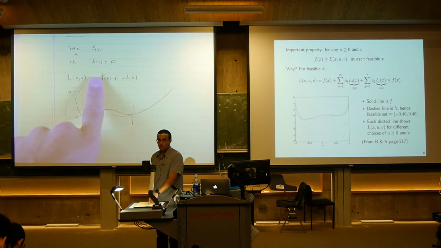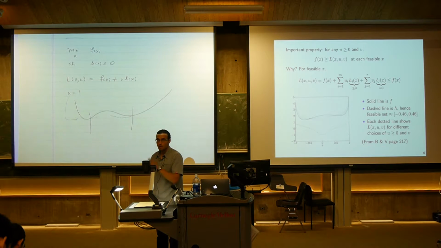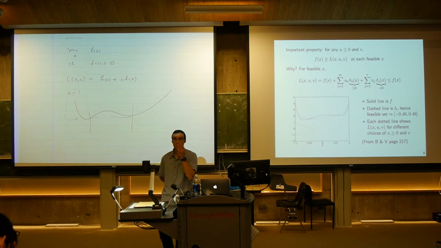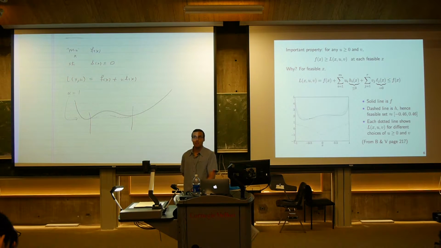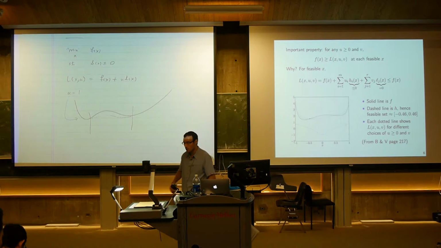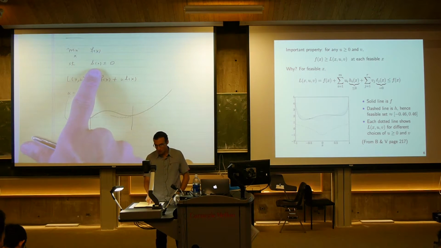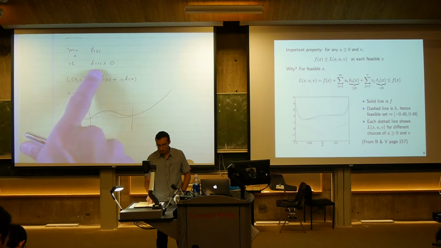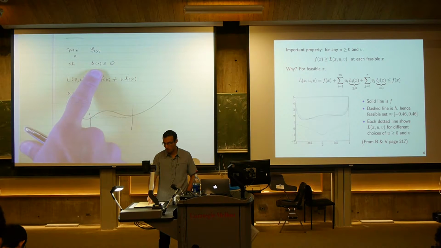What do you think happens in general if we had more than one constraint? Suppose we had two constraint functions. So I had h of x less than or equal to 0, and another function, h prime of x less than or equal to 0. Would I always have the property that outside the feasible set? You could argue directly that it's not necessarily the case that it's bigger than or equal to the criterion value.